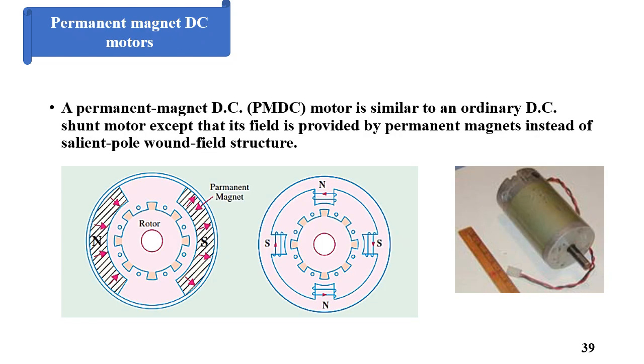Now we will begin to see the permanent magnet DC motors. A permanent magnet DC motor is similar to an ordinary DC shunt motor, except that the field is provided by a permanent magnet instead of a salient pole wound field structure.